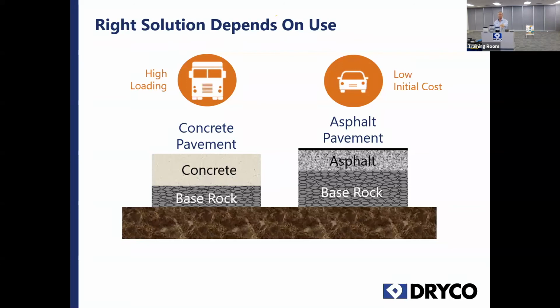But on all the areas where cars are going, and if you see all these warehouses being built all over the Bay Area, you'll see where the truck loading area is concrete, and you'll see where the car parking lot is asphalt. And that's kind of the way it's gonna be. So high loading, think about hard-wheeled forklifts or trucks, anything like that. You're gonna want to use concrete, but the low initial cost will determine that you will use asphalt on most of your big stuff.